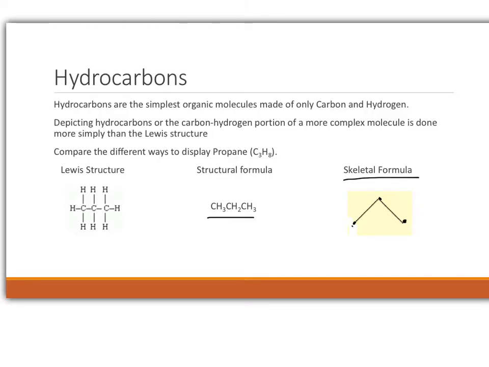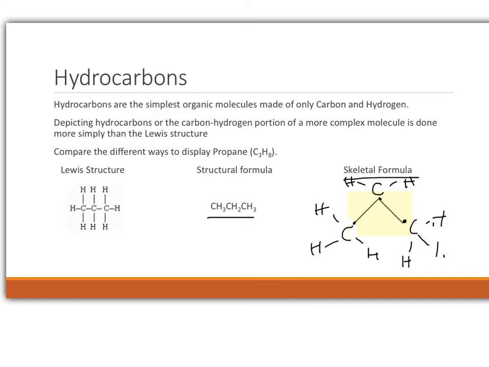So here, the open ends are a carbon with 3 hydrogens. And then the vertices are going to be carbons with 2 hydrogens, as long as everything is a single bond.